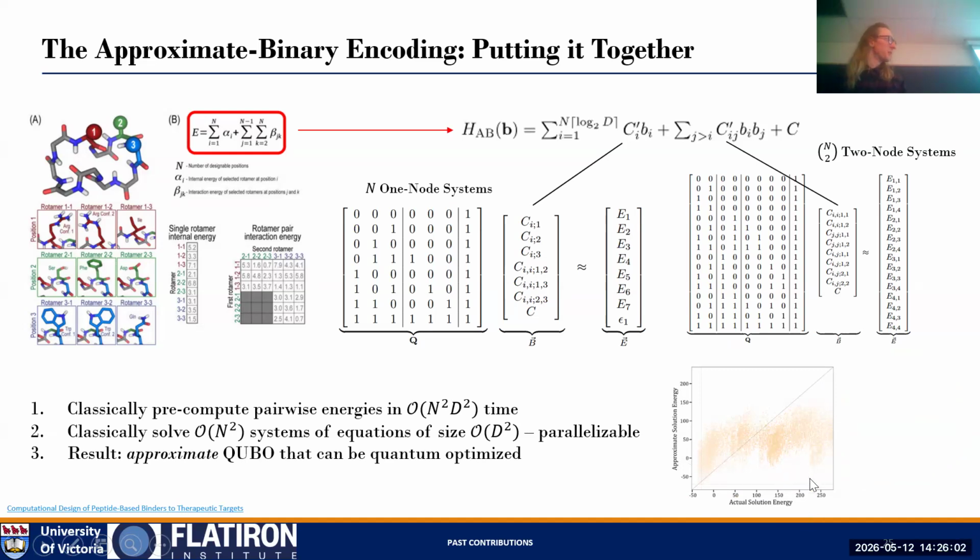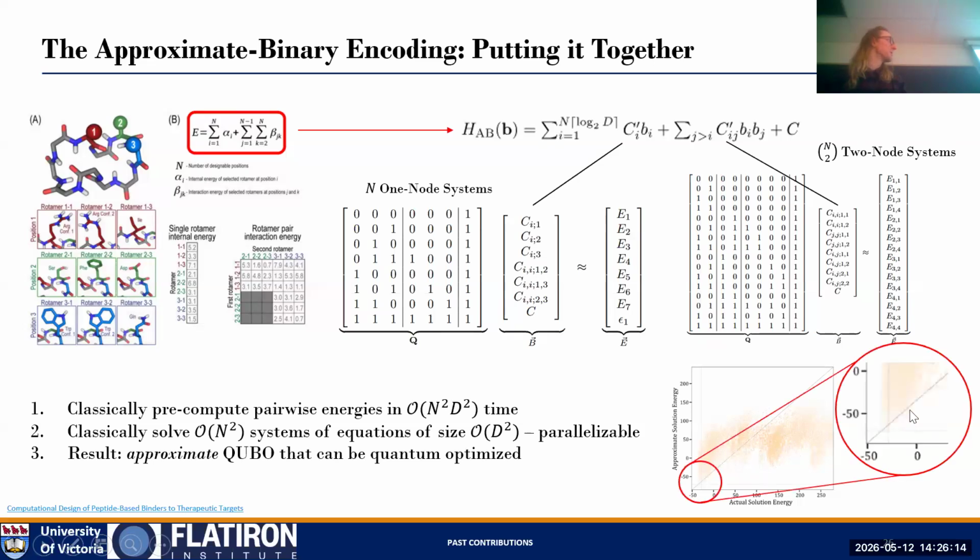But what matters in an optimization context is that high actual solution energies remain high energy under the approximation, and low actual energies remain low energy under the approximation. So if we have a tight cone in the bottom left hand, where all other energies remain above, this is a good thing because we've preserved the lower energy band of the solution landscape.